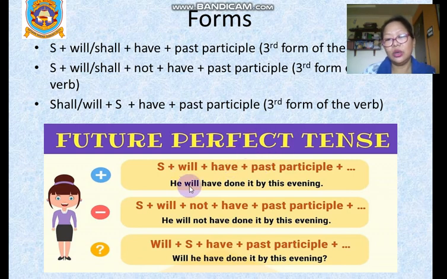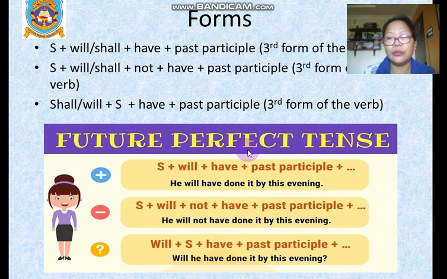Like, he will have it done by this evening. This is a positive sentence. He will not have it done by this evening. This is a negative sentence. Will he have it done by this evening? This is an interrogative sentence.